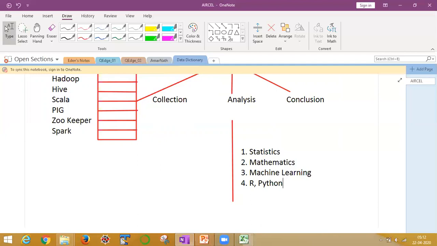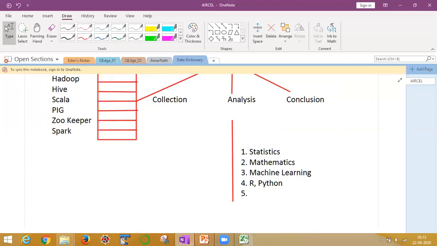Similarly, when my data complexity becomes very high, depending upon the scenario, I need to make use of advanced learning algorithms. I will tell you what algorithms are.